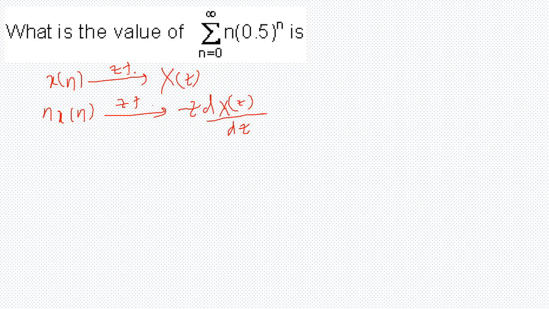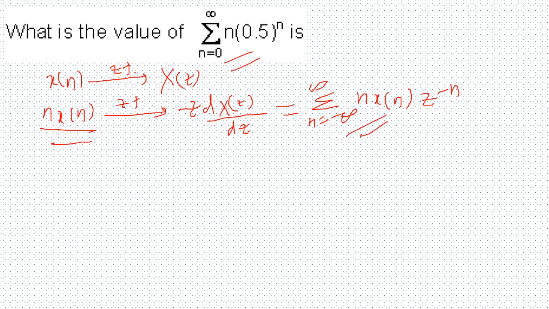Now what we can do is write the definition of n x of n. If I write the z transform definition of n x of n, it will be sigma n equals minus infinity to infinity n x of n z power minus n. Now you can see there is some relationship building here between these two.